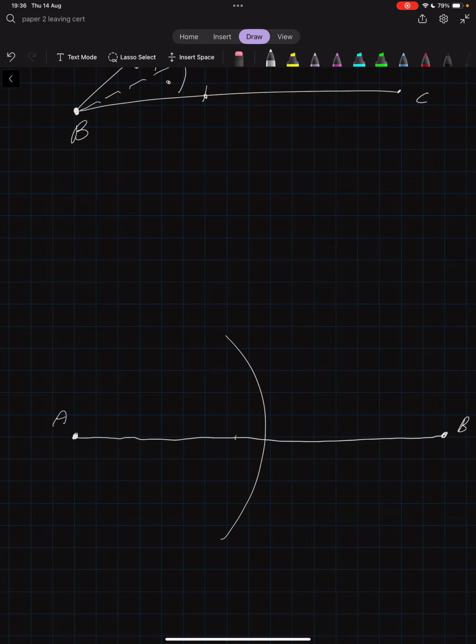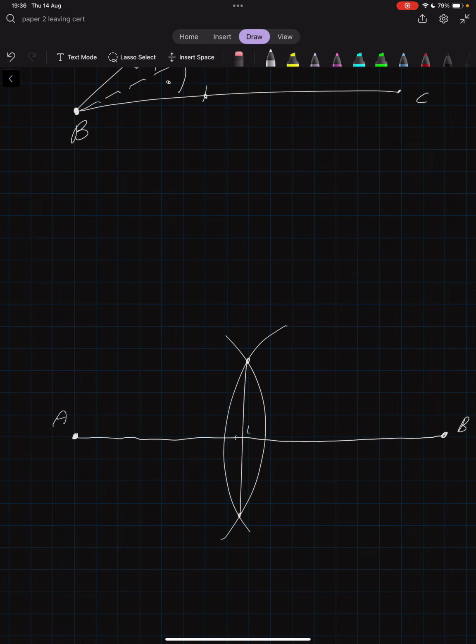Now, go to the other side, put your compass on B and do the same thing, and you'll get this. These 2 points now, you grab your ruler and join these 2 points. Like that.